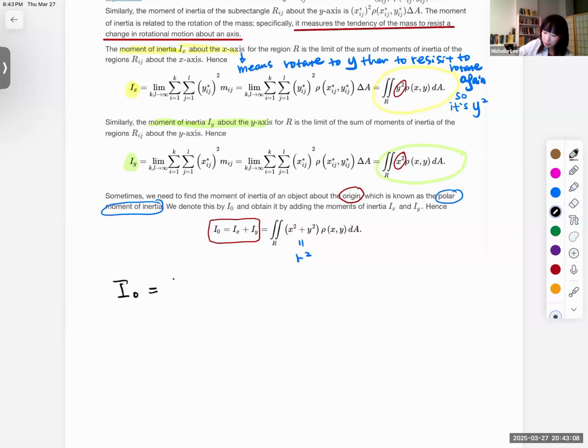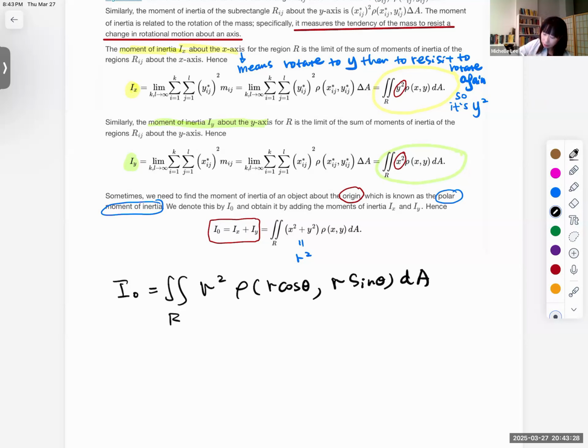We can express the double integration over the region of r squared times the density function, r cosine theta or r sine theta, dA. We can express it this way, right?